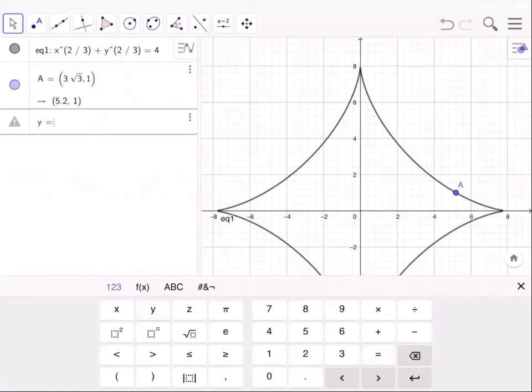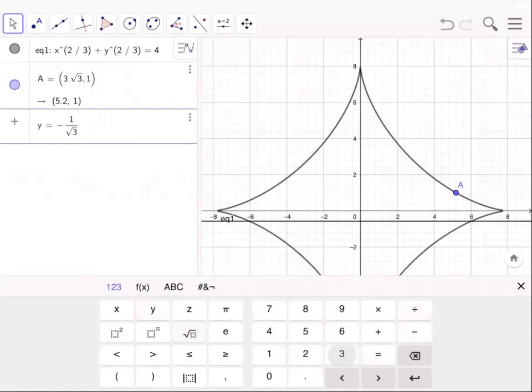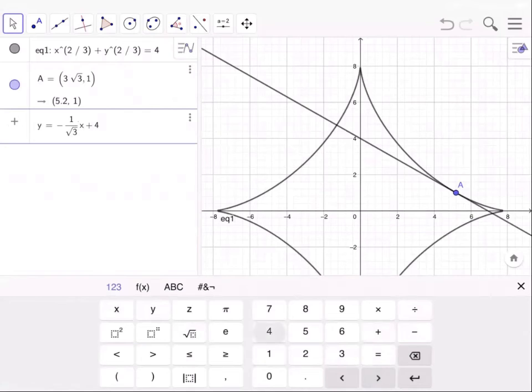So y equals -1 divided by square root of 3 x plus 4. There we go.